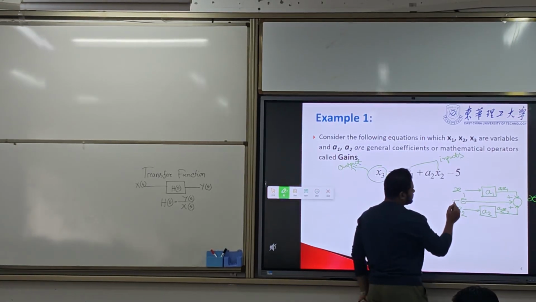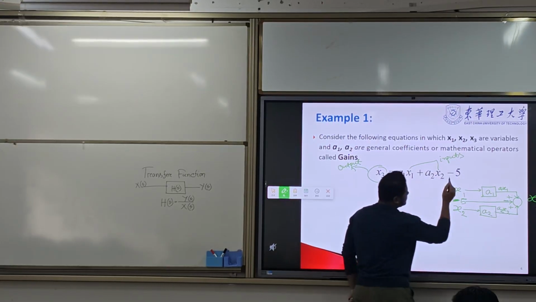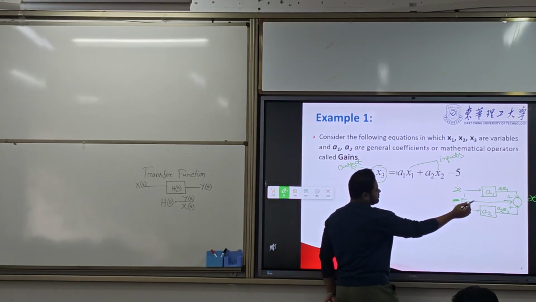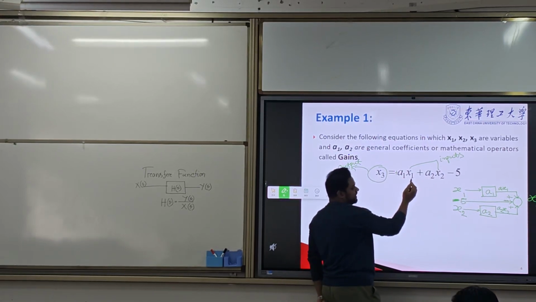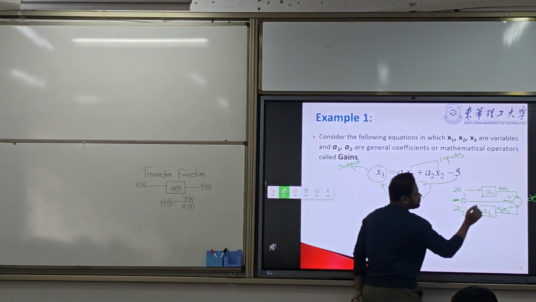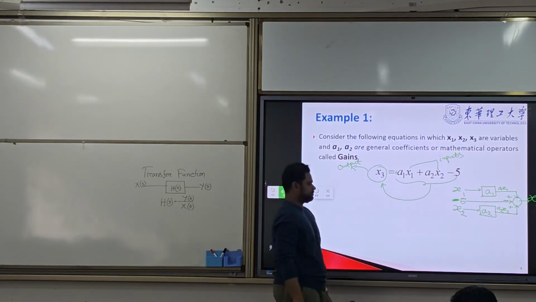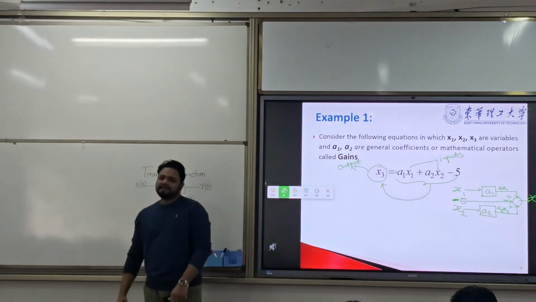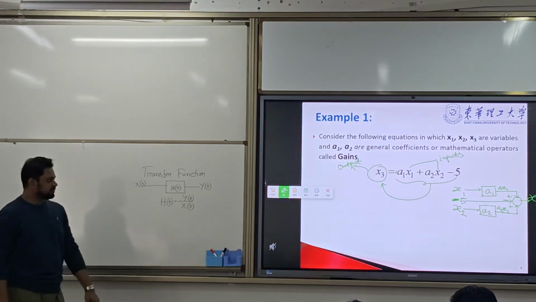And here, it will be minus, because we have a minus sign. All these three are added and give you a value together. The output will be x3. That is the block diagram representation for this equation.